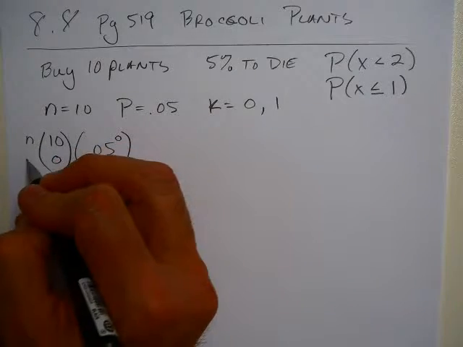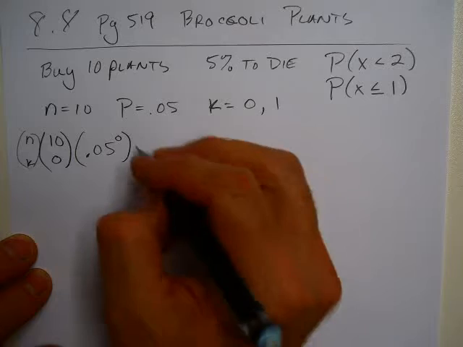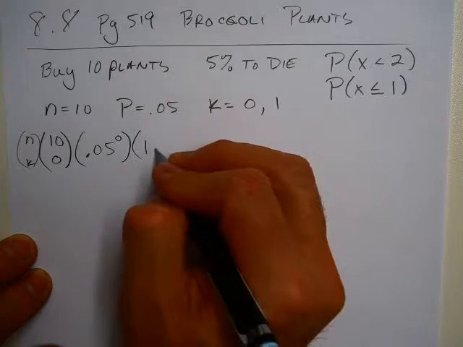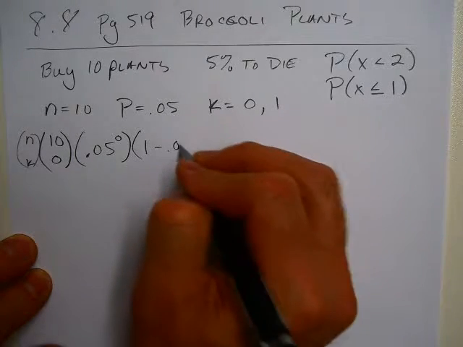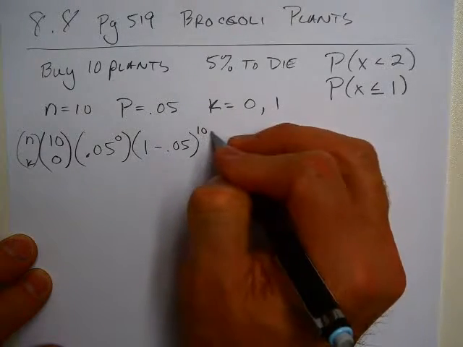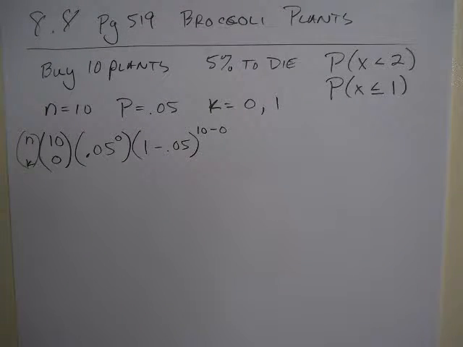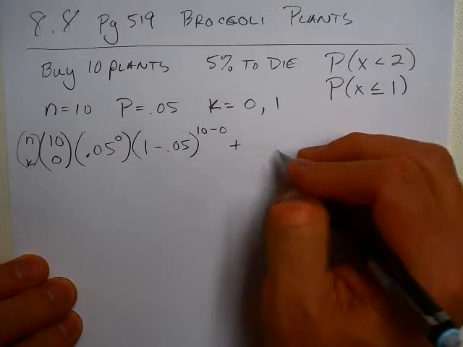This is n over k. Okay. Times 1 minus the probability that 1 fails, times n minus k. And I have to add that to the probability that 1 fails.